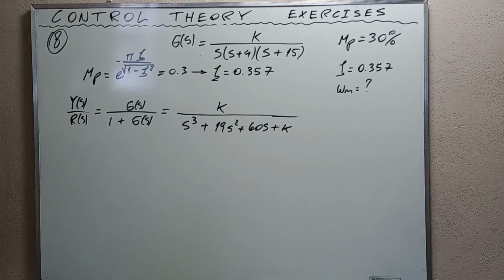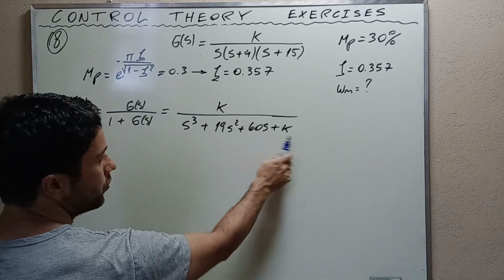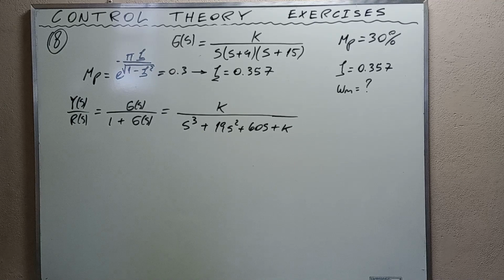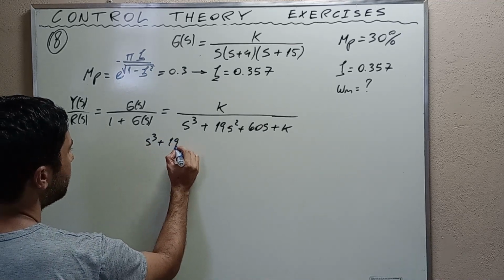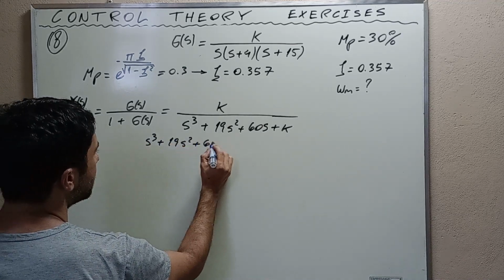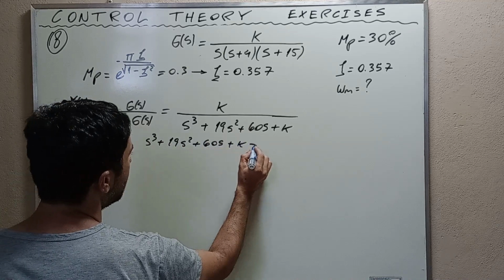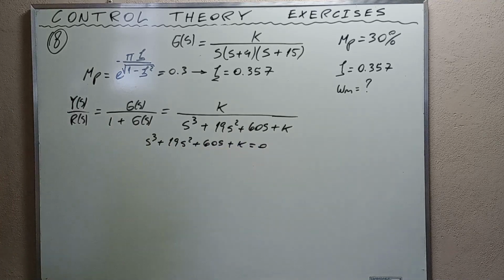And the characteristic equation is the denominator of the closed loop transfer function, okay? We are going to set it to 0, s cubed plus 19 times s squared plus 60s plus K equal to 0. And we are going to use Routh's array to calculate Wn.